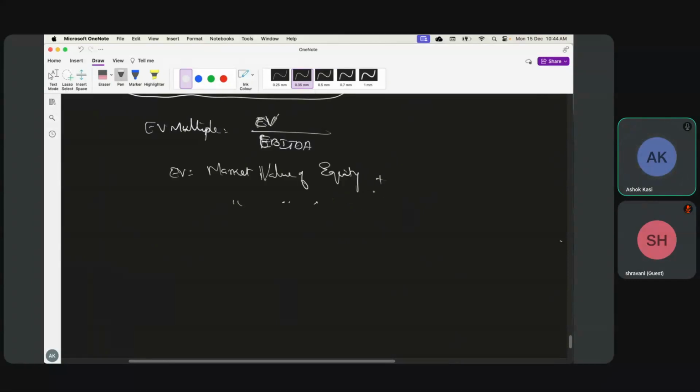But many times if market value is not available, we will use book value. Then plus market value of preferred stock, minus cash and cash equivalent. That is the formula.